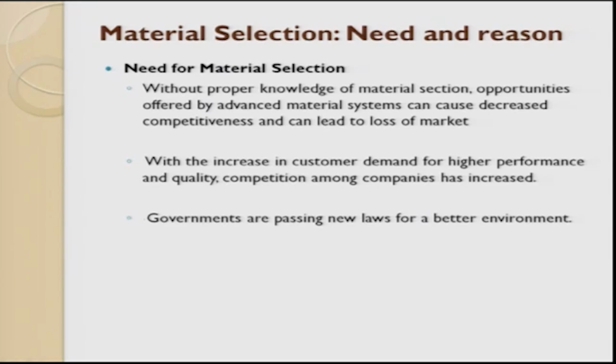Polymer is lightweight, and roll-to-roll manufacturing can be done very easily. So if you don't have proper awareness and knowledge about material selection, then you will not be able to push your product, or your product will not be very successful in the market.